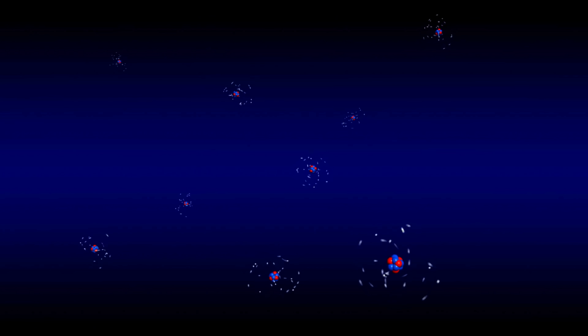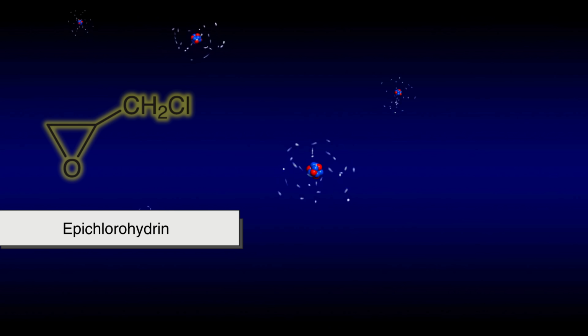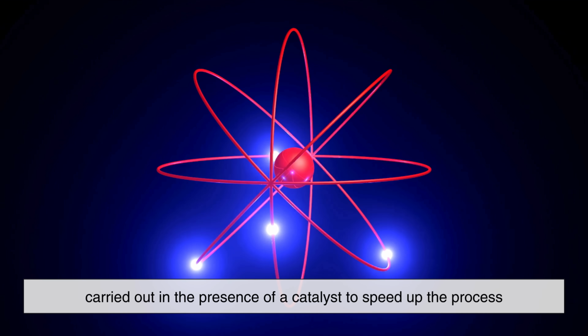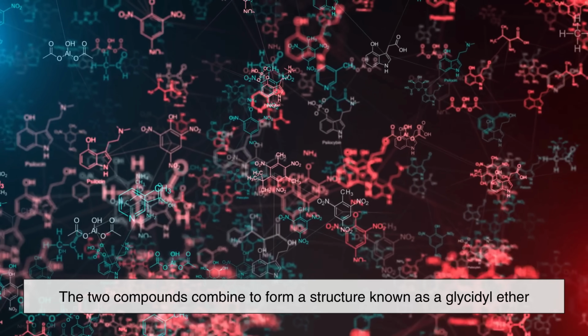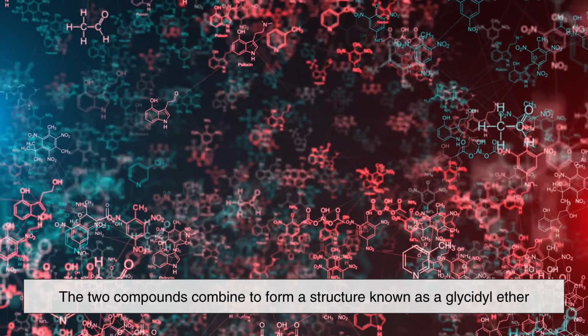The first stage of manufacturing involves a chemical reaction between epichlorohydrin and bisphenol A, carried out in the presence of a catalyst to speed up the process. During this reaction, the two compounds combine to form a structure known as a glycidyl ether.